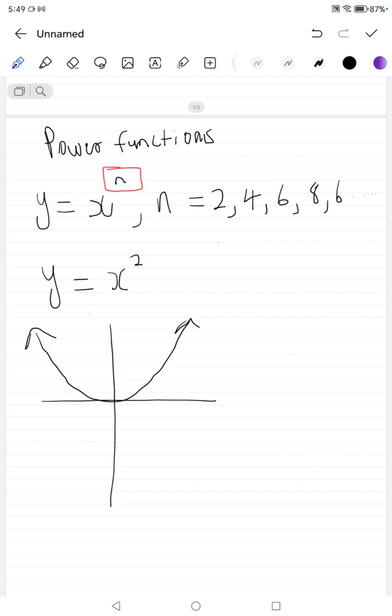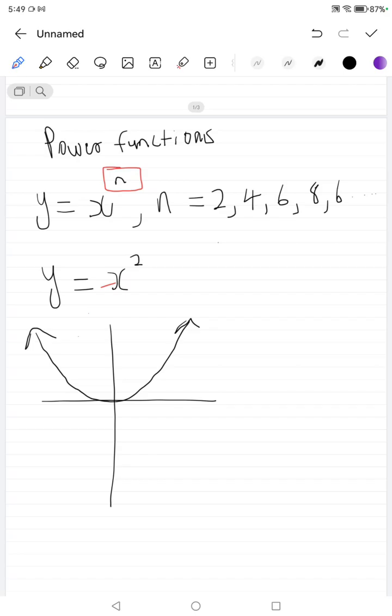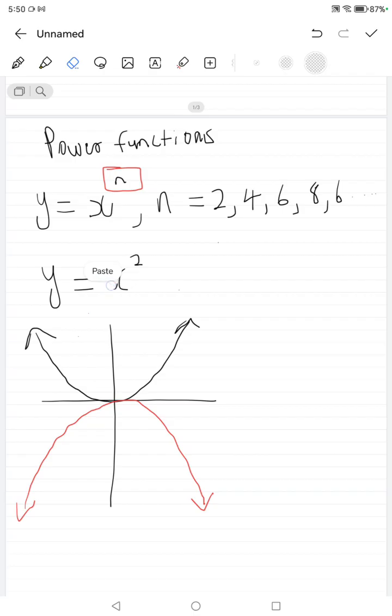And if it's negative, it's just going to be flipped. You see, so that's that. Now if you are asked to draw a graph of y equals x to the exponent 4, and so on, you already know the shape, because all those are even numbers.